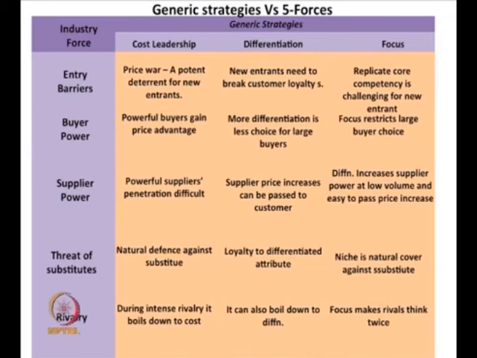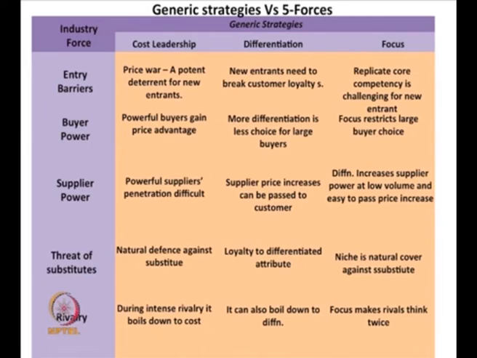For example, a cost leadership provides the ability for the firm to cut price, and this deters potential new entrants. So, from an entry barrier perspective from the 5 forces model, the ability to cut price deters potential entrants if I am a cost leader. If I am a differentiator, customer loyalty can also discourage potential entrants.